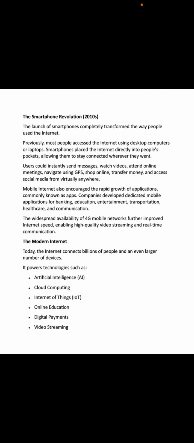Let's imagine that you type www.youtube.com into your browser. Although you see the word YouTube, your computer does not understand names. It understands only numbers. So the very first thing your computer does is contact a DNS server.